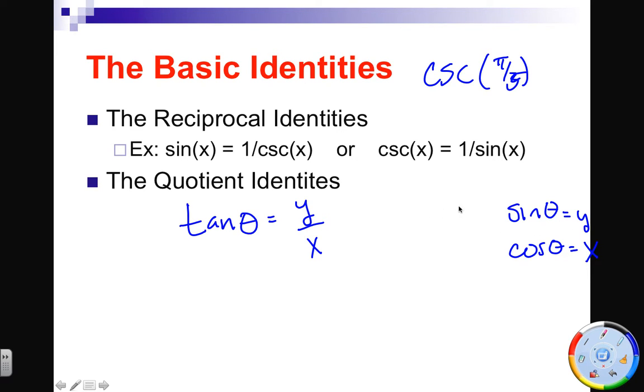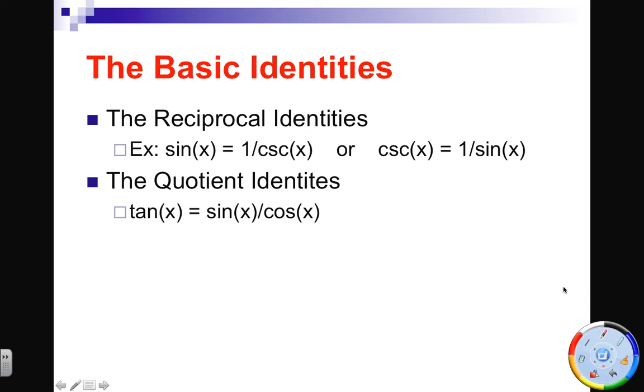If that's true, we can just substitute, which tells me that tangent is a ratio of sine to cosine. So tangent is sine over cosine. Remember, these are all handy, and once you get the hang of them, you'll know why we need these identities. So tangent is sine over cosine, which means that cotangent is the reciprocal of that, cosine over sine.